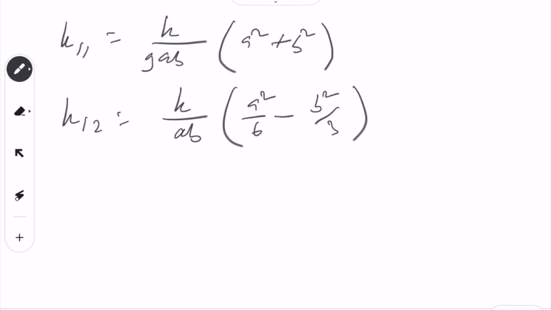So this is how it is. Okay, so this is how we find k11, k12, and similarly we can find out the others.